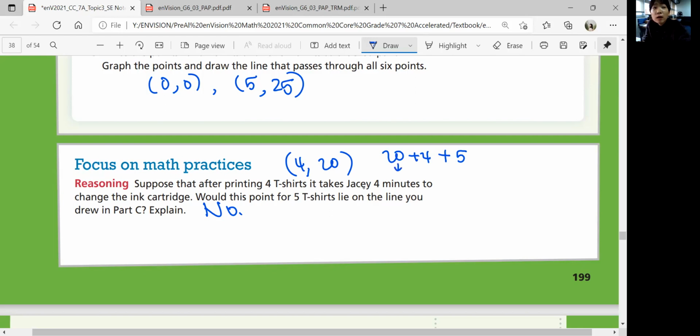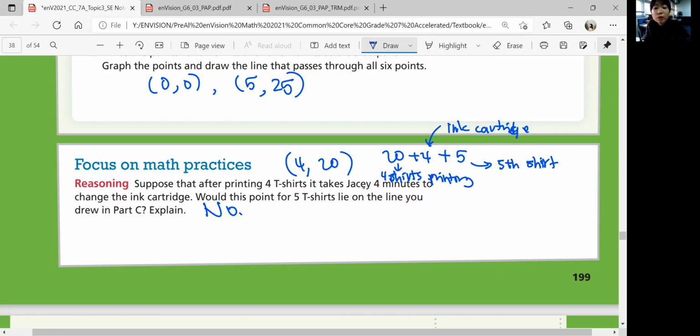Because you have 4 shirts printing, then this is the change of ink cartridge, and that would be the 5th shirt printing time.